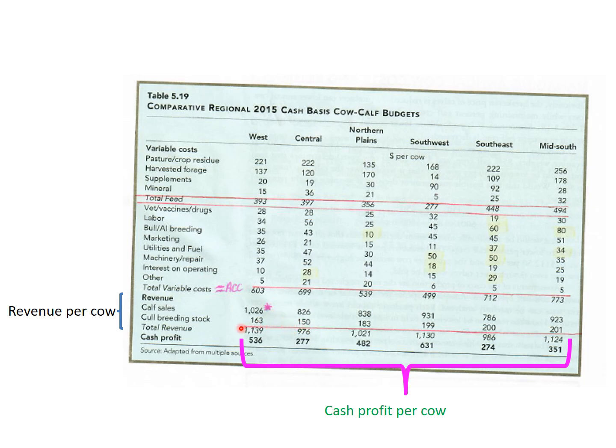And so all they did here was they added the price of the calves and the price of the culls divided by the cows in the herd to give us a total here. Okay, so total revenue per what? Per cow. And so in 2015, you can see that most ranches in most parts of the country made more than that typical $100 to $150 a head. You know, the ranchers in the West, they made over $500 a cow.